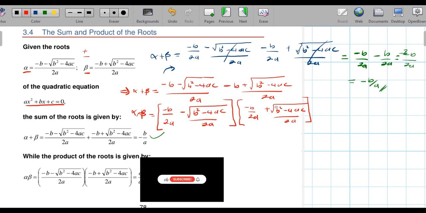So let's multiply it and see what we have.